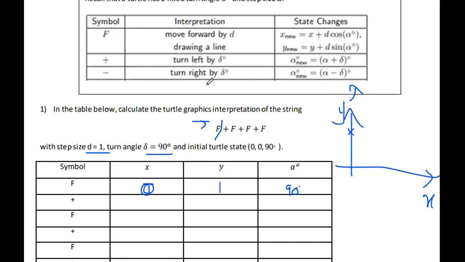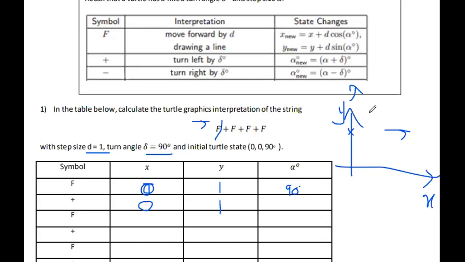Plus means turn left by 90 degrees. Then he's facing this side. Just turning left, so the coordinates remain the same. But what happened to the angle?